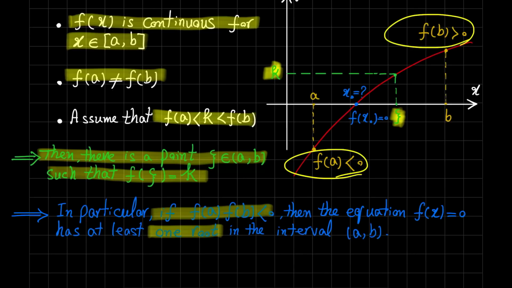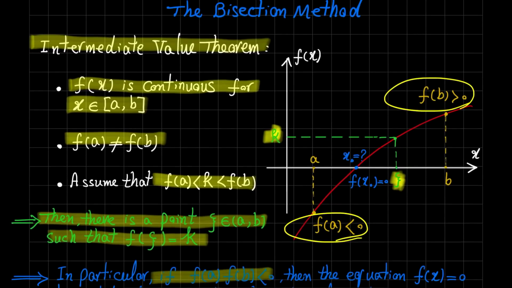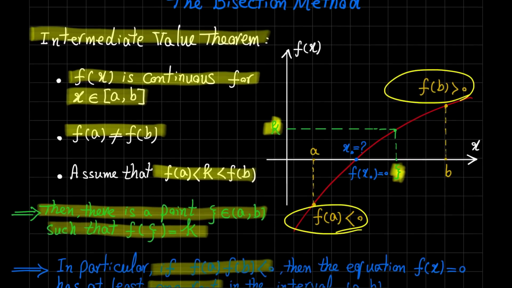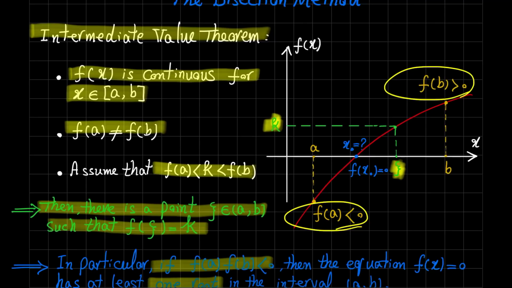So in other words, f(x) has a root at x0, which intersects the x-axis, as we can see on the graph. So that's pretty much the intermediate value theorem, and based on this theorem we want to introduce the bisection method.